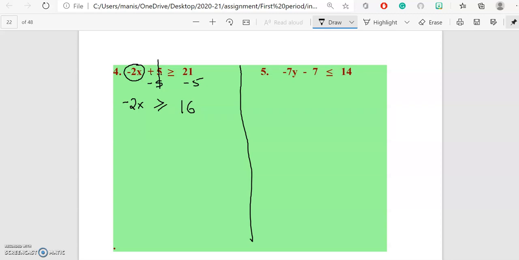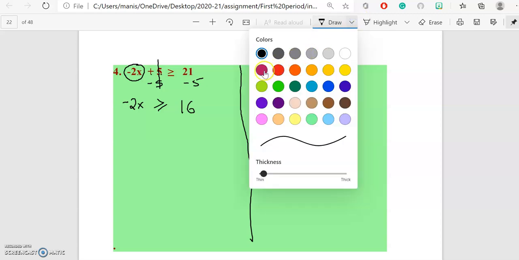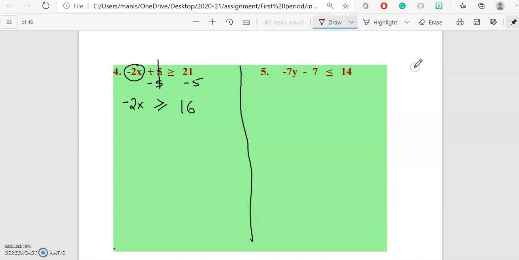Now, this is a tricky part. What it says? It says negative 2 times x. Okay, negative 2 times x. So if you want to isolate this x, or if you want to find the value of x, what should I do? I have to divide by negative 2.